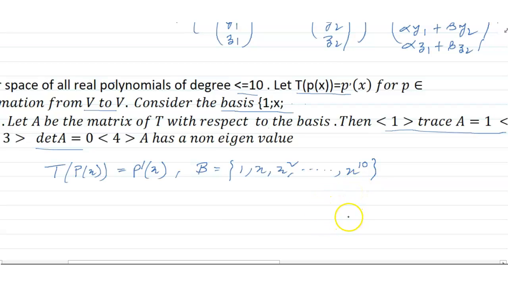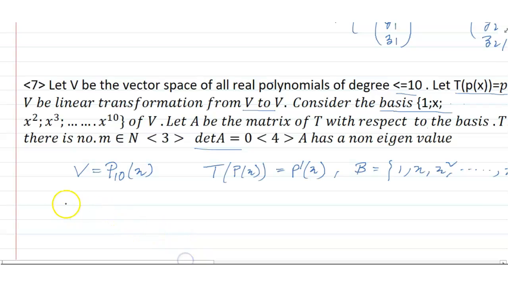So friends, b is equal to x to the power 10. So we see t1. Let's put t1 is equal to 0 into 1 plus 0 into x, as t dash x is equal to 1. 0 into x plus 0 into x square up to 0 plus 0 into x to the power 10.